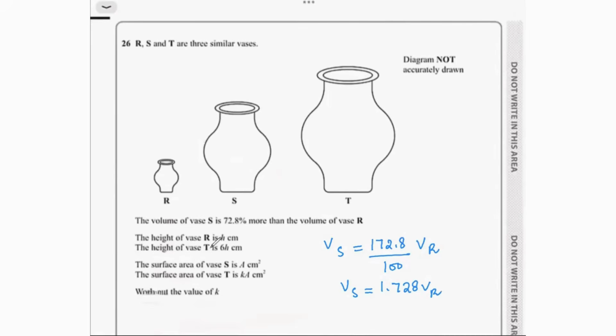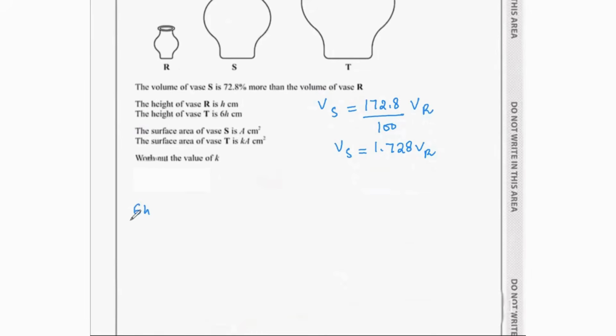Then we know the height of base R is h centimeters and T is 6h. So if we go from R to T, that's 6h over h, which equals 6.